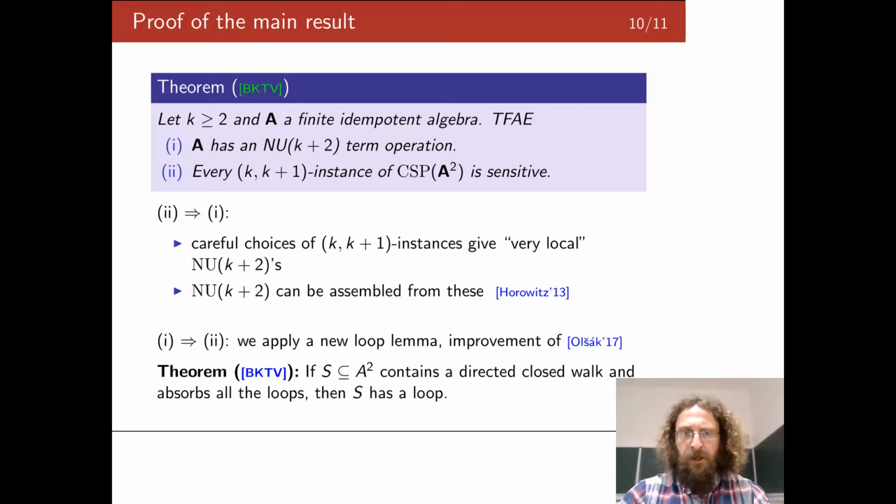If a digraph contains a directed closed walk and absorbs all the self-loops, then it necessarily has a self-loop. I do not explain what absorption means here and how the theorem is applied, and I need to refer to the paper for details. Anyway, we believe that the two new loop lemmata may be of independent interest.